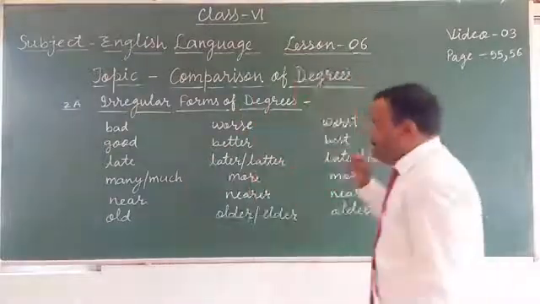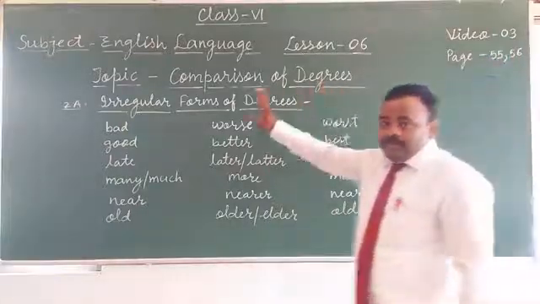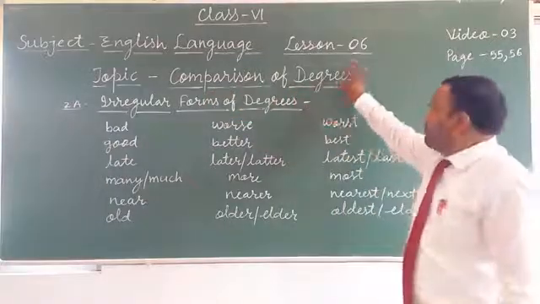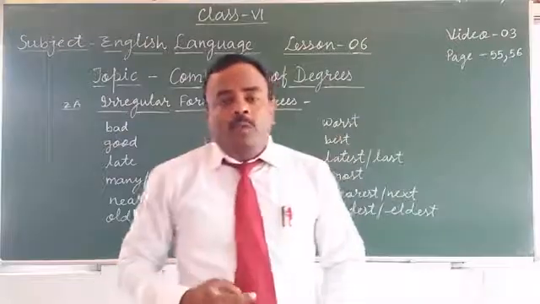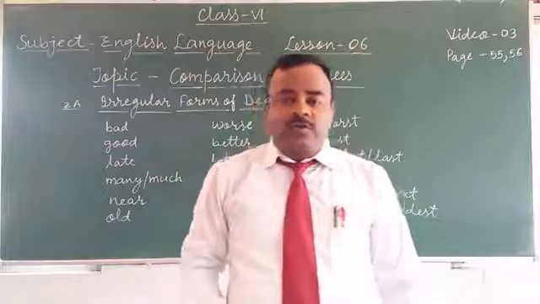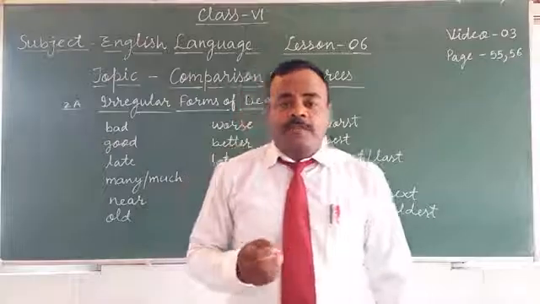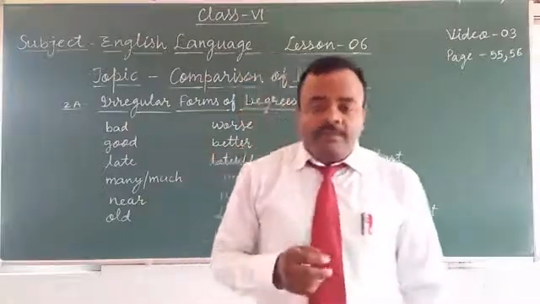Well, I am present again with the third video of the same chapter, comparison of degrees, lesson number 6. In the previous video, we studied the forms of adjectives. There are three forms of adjectives: positive degree, comparative degree, and superlative degree.